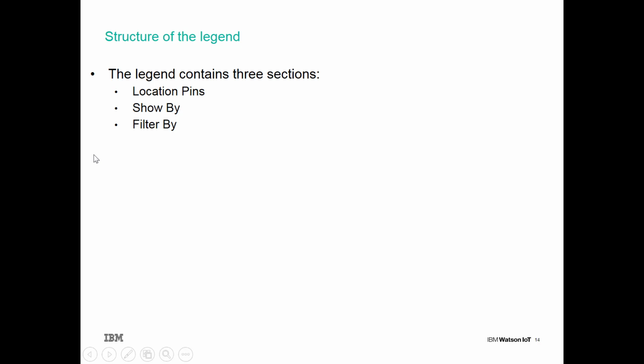The graphic legend contains 3 sections: the location pins, the show by, and the filter by section. Each section is configured by its own element, and we will detail each of these elements now.